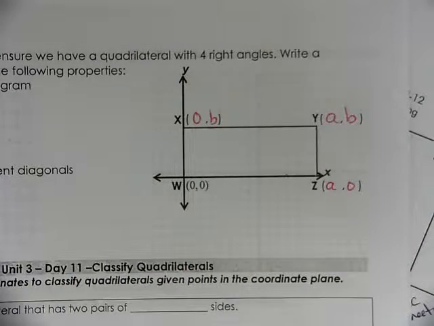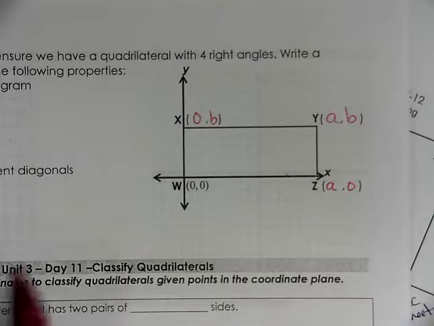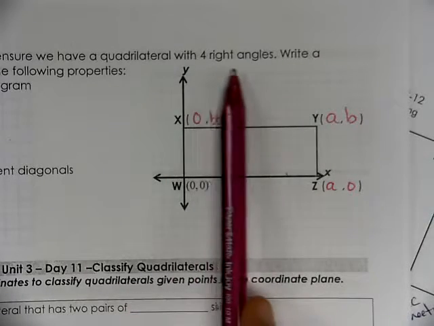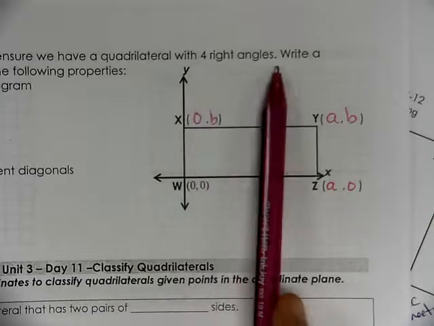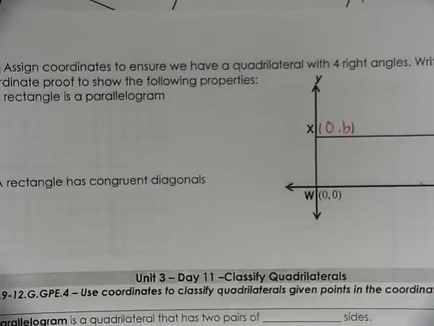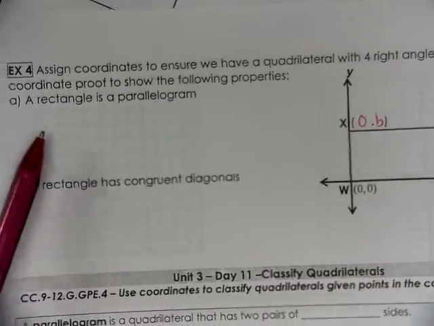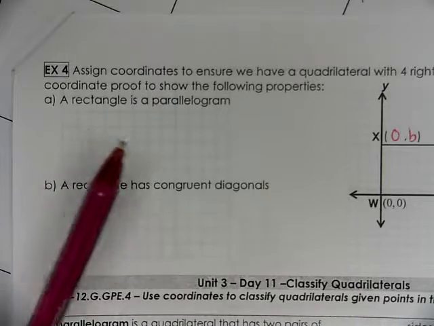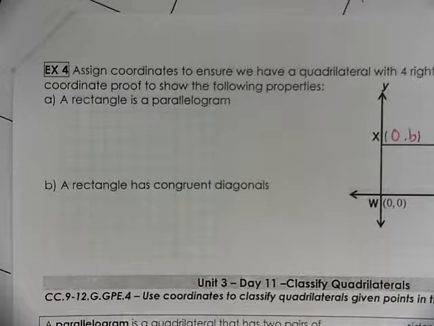Good, good. Glad you're enthusiastic. So, assign coordinates, we did that, to ensure the quadrilateral has 4 right angles. Write a coordinate proof. Ooh. The first thing says prove a rectangle is a parallelogram. In order to prove it's a parallelogram, we've got to prove opposite sides are parallel.